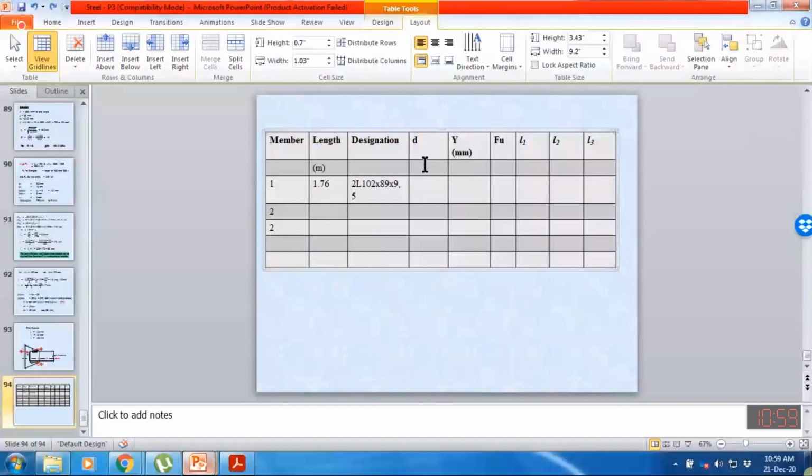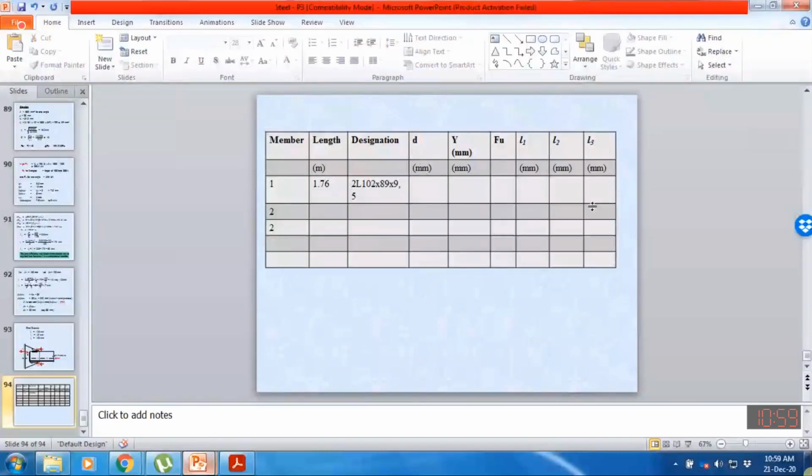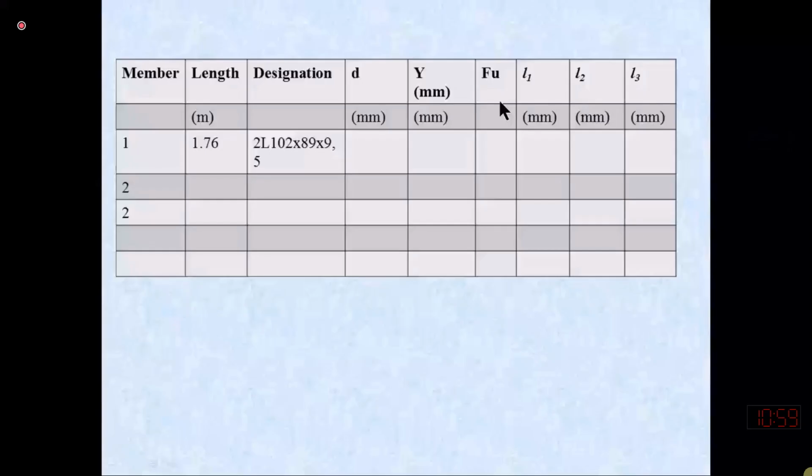Whichever member has the largest thickness or the largest force, you are going to determine the thickness of the weld value. So the thickness of the weld value will be constant for you. So it means that weld value will also be constant. So weld value will be constant for the entire truss, and that will be based upon the heaviest member.